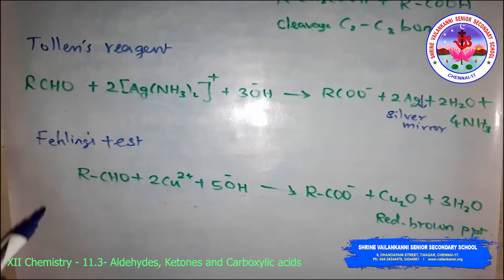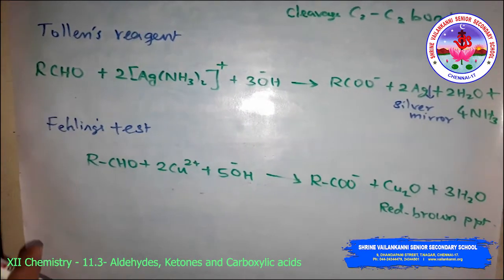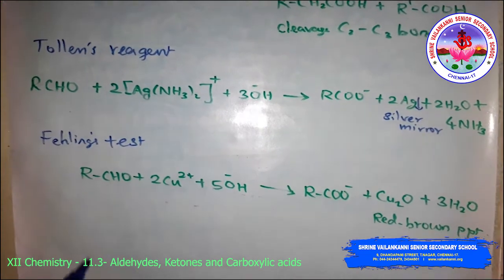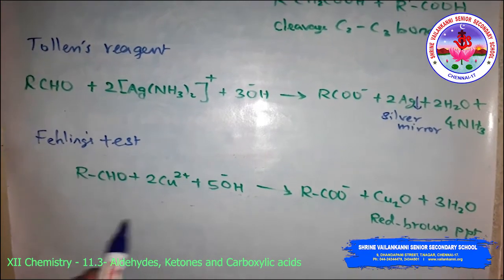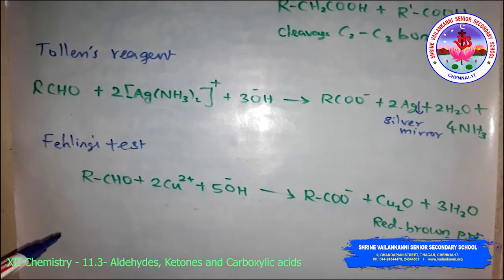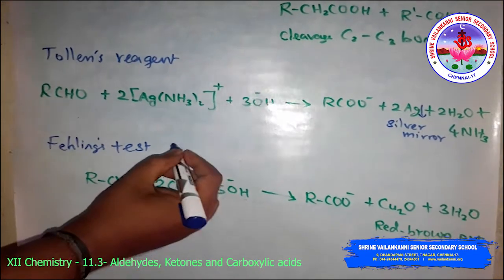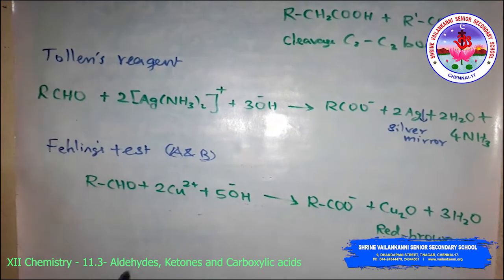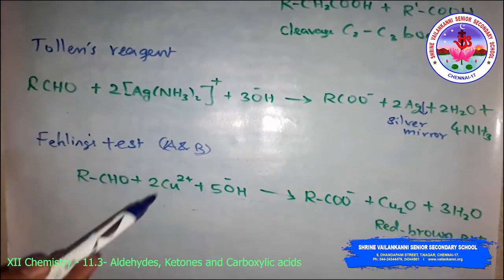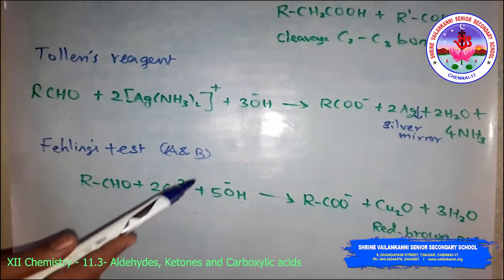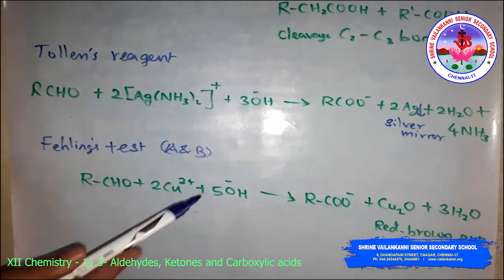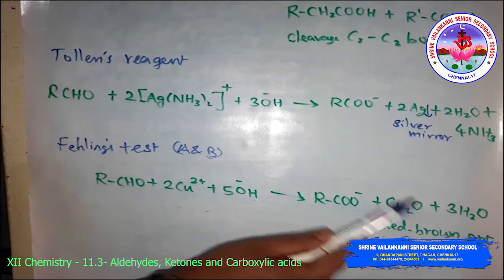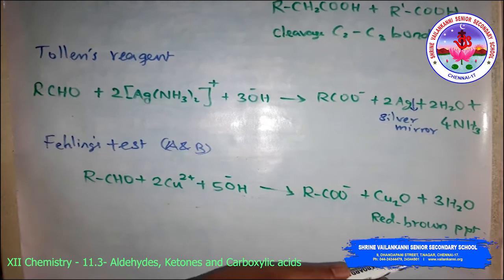Fehling A solution contains aqueous copper sulfate and Fehling B solution is alkaline sodium potassium tartrate, that is Rochelle salt. These two solutions are mixed in equal amounts before the test. On heating an aldehyde with Fehling's reagent, a reddish brown precipitate is obtained. This is copper oxide.